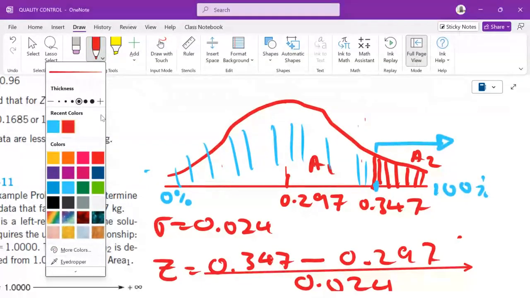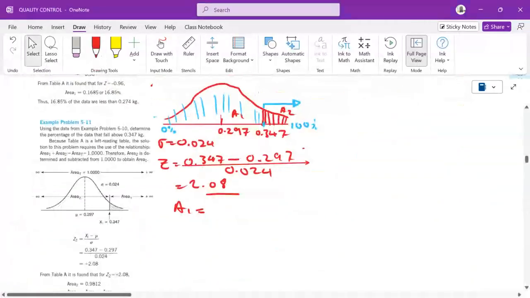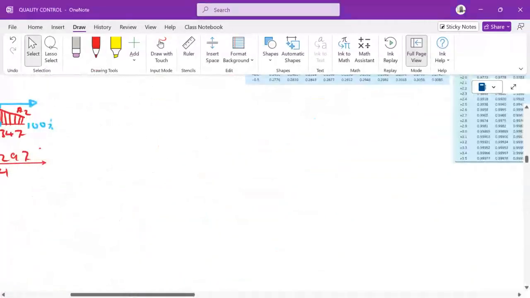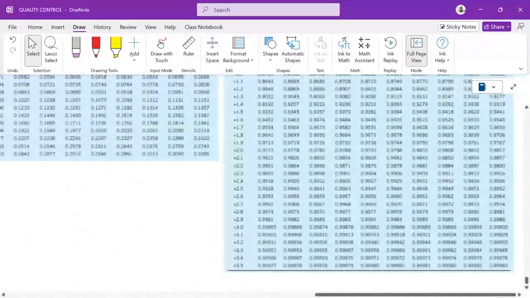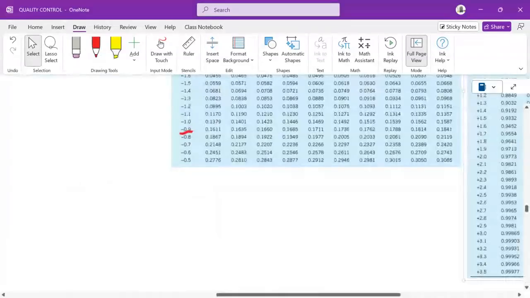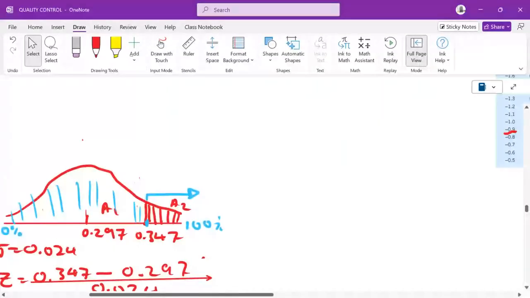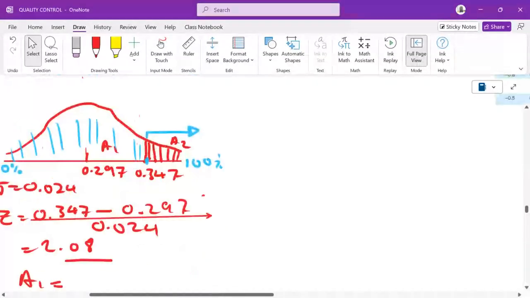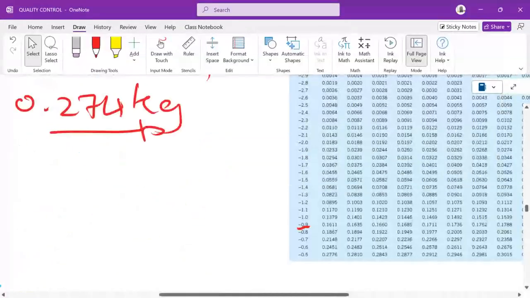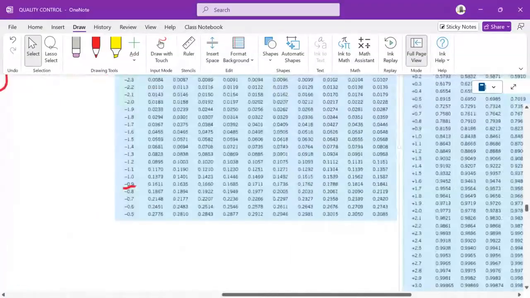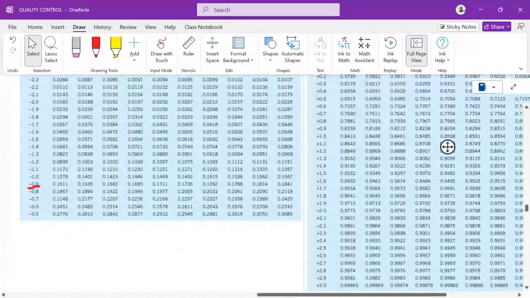So let's go to the tables. We are looking for 2.0. So that's 2 on the dot. Where's your 2? There's your 2 here. 2 on the dot, 2.08.